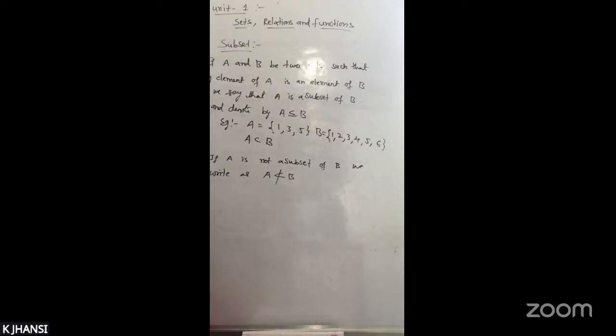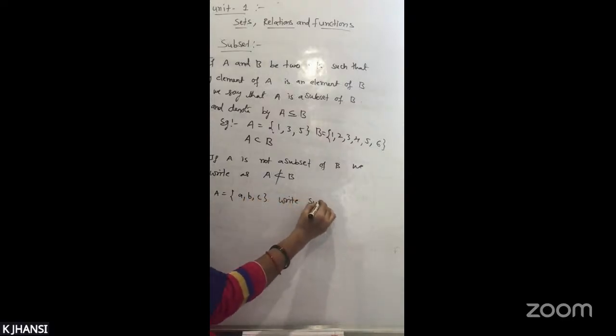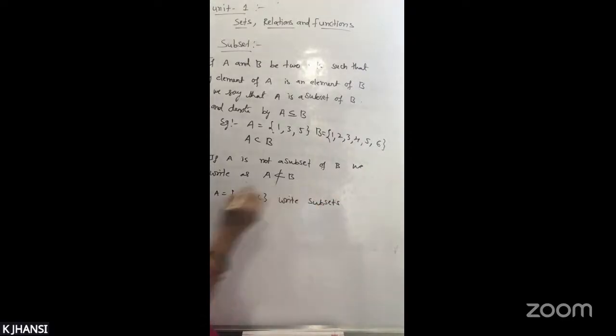So if any set is given, how can we write the subsets? If any set is there, A is equals to {a, b, c}. Okay, write the subsets for this one. You can write many different types of subsets of this set A. So the first ones are only single terms, that is {a}, {b}.